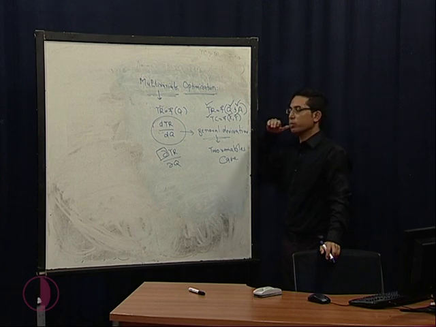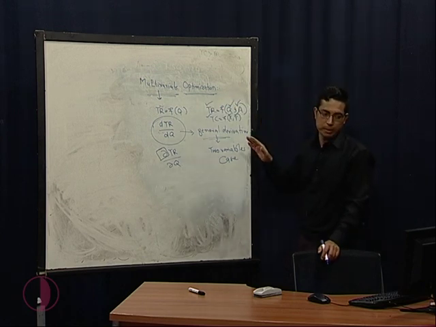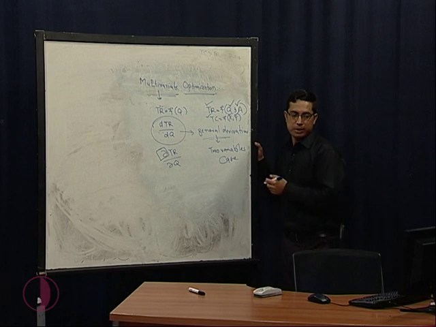It means that we can apply the same rules of differentiation in the case of multivariate optimization as well, except that all the independent variables other than the one with respect to which we are finding the partial derivative are held constant.